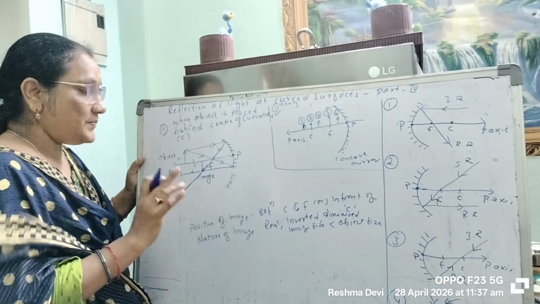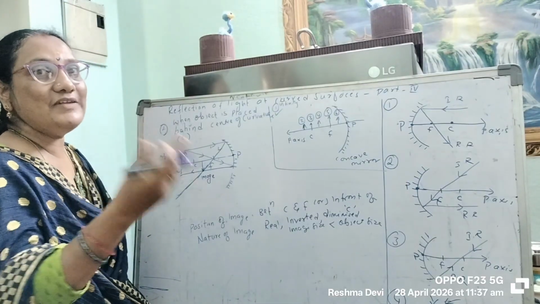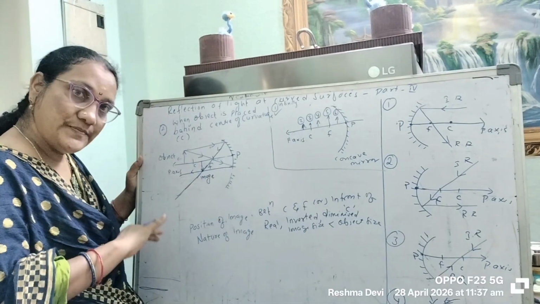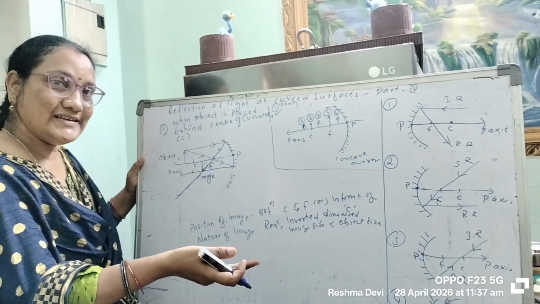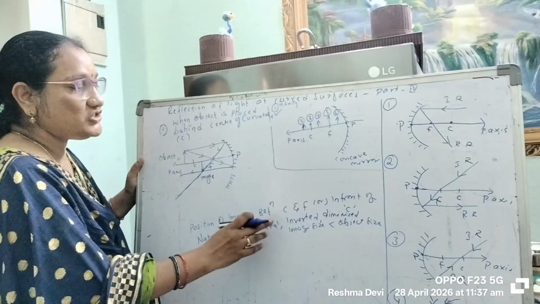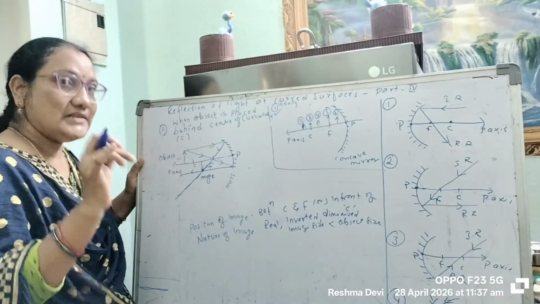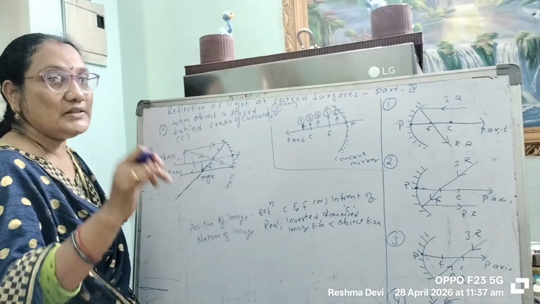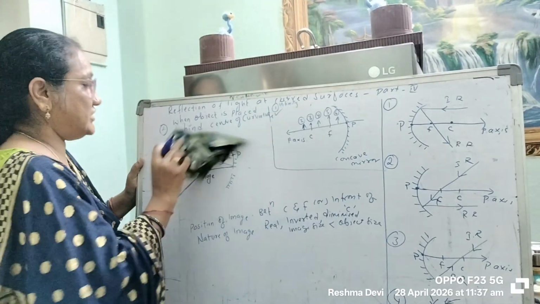Okay, now the position of image beyond C, easy to remember, in front of C. If object is beyond C, image is in front of C. Right? Now next, and the nature of image: real, inverted, diminished. Diminished means the size of image is smaller than the size of object. Clear? Now next.